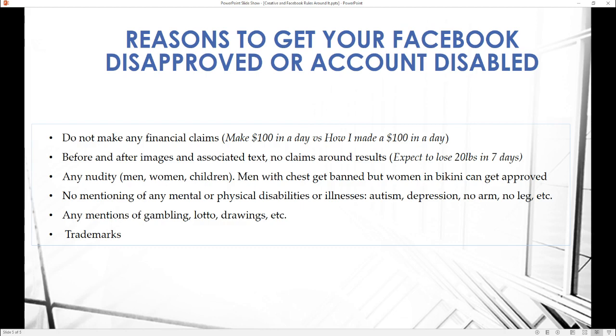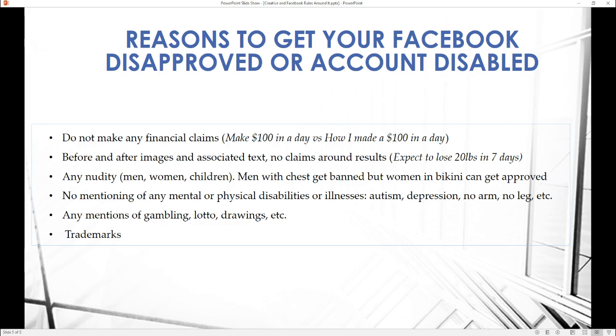Not in the direct way of sex, but definitely in a subconscious way, and in how it plays with our intentions, with our desires, and everything. So again, there's a fine line that you can be walking with Facebook ads. I'm just giving you things that could get you on a bad side of Facebook, where it either disables your ad or completely disables your account.